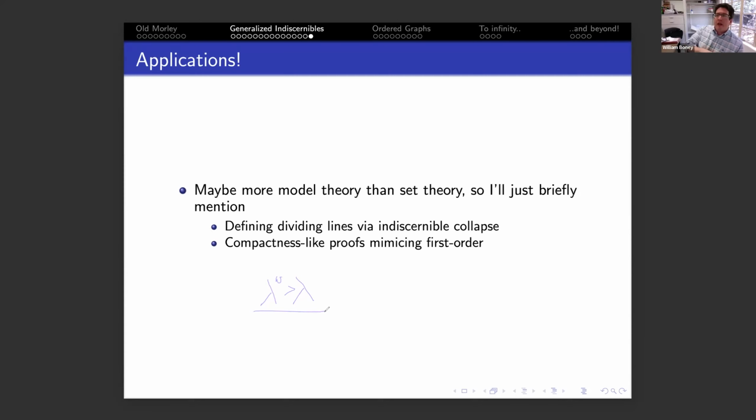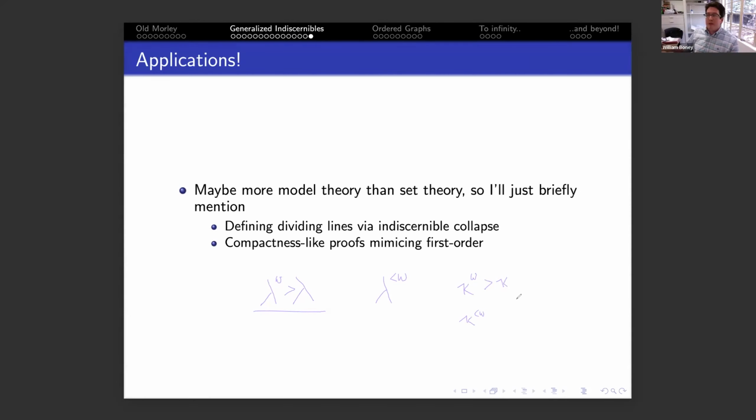You take your instability in one place like this, and you build a Shelah tree where you have different types indexed by a tree of height omega. You copy that around to different kappas, and if you're in some other kappa where kappa to the omega is bigger than kappa, each branch through this kappa to the less than omega tree gives you a different type over a domain of size kappa.